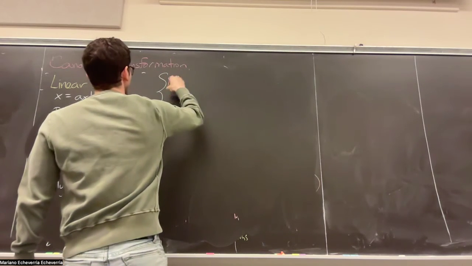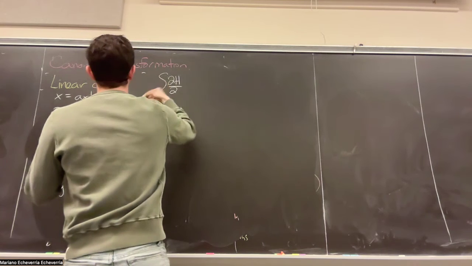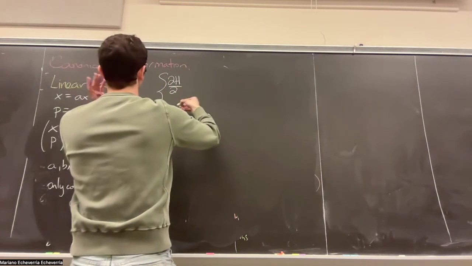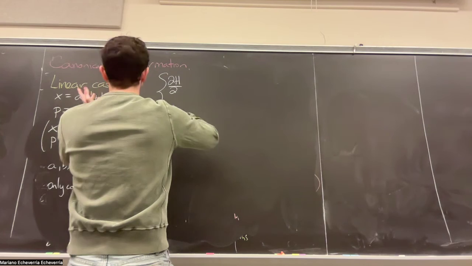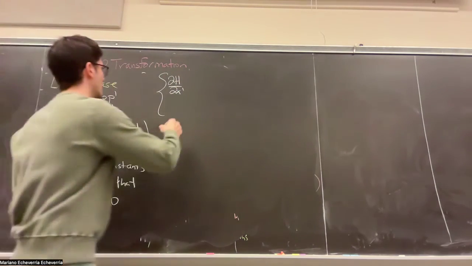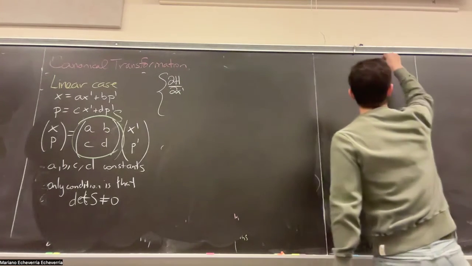If you remember, the Hamiltonian originally depends on x and p, but because of the change of variables, you can also think about it as a function of x prime and p prime. The chain rule tells you how that happens. Like I can even put the diagram here.